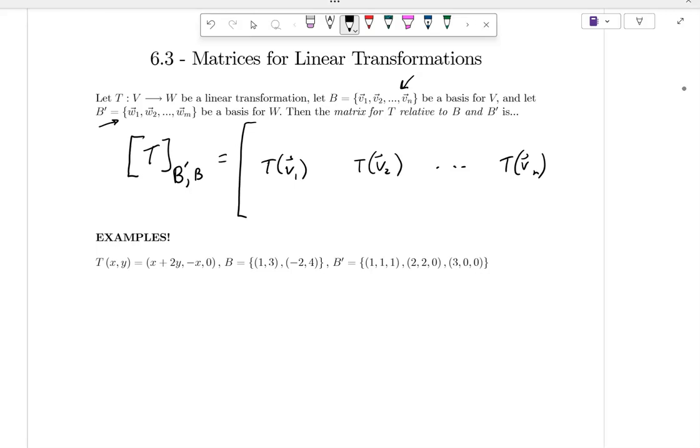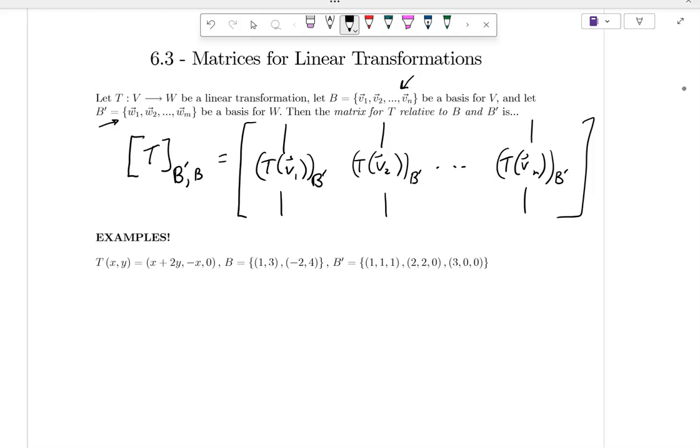I don't know that I'm going to get just coordinates out, right? So for each of the outputs, I've got to figure out what the coordinates are relative to the basis that we have. Okay. And then put those in as columns. So let's do this with an example. I think it's a little bit more illustrative with an example than writing down the definition this way.